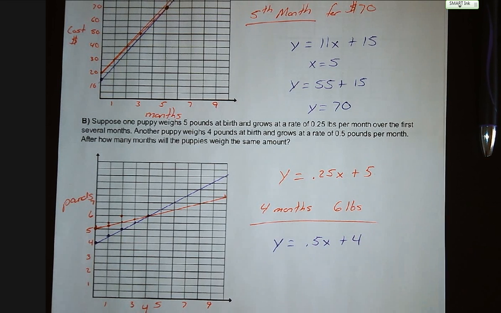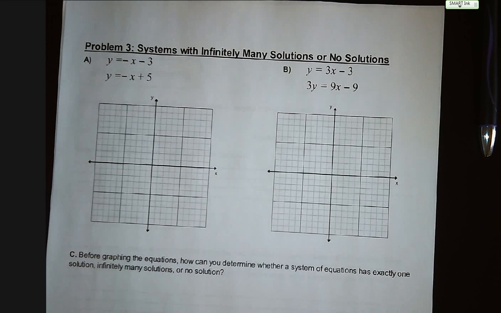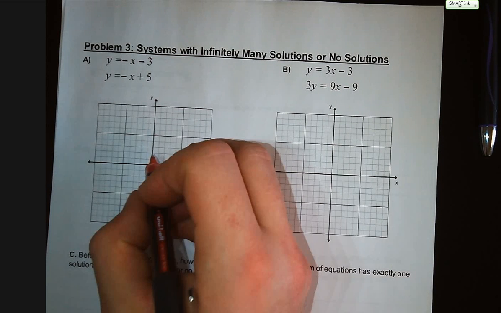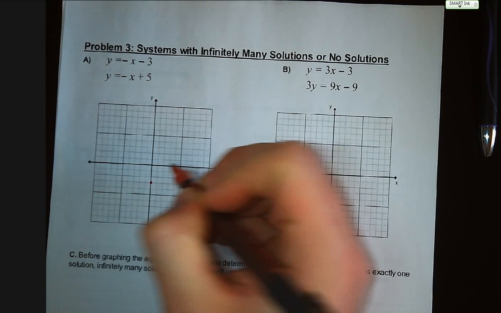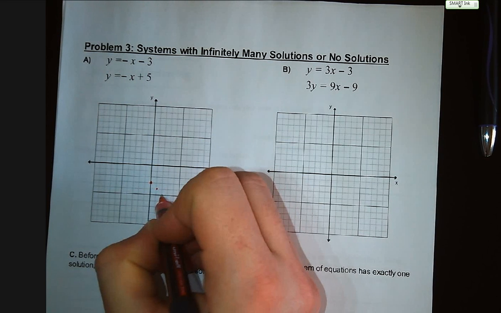All right. Next page. Problems with infinitely many solutions or no solutions. So we're going to do the same thing that we did before. We've got y equals negative x minus 3, so we have a y-intercept of negative 3, and a slope of negative 1, so we're going down 1 and to the right 1 each time.